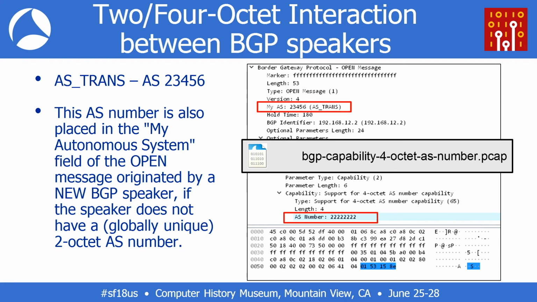Okay, MAC address, what's going on, and so on. And you see here, FFF. This is the BGP marker.